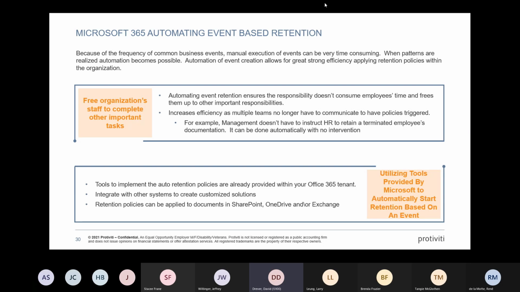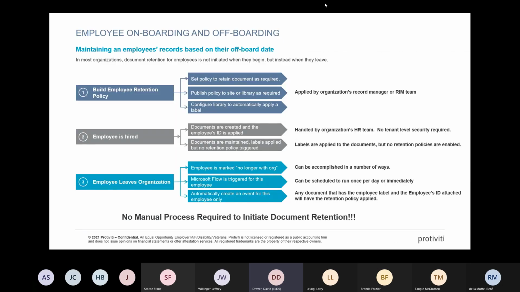So what I want to do here is kick off a flow, and this can be based off of any tool. Let's do it with an employee document. I have an example here: employee-based retention. My records management team builds out the labels and the policies, and it's pushed out to the HR employee site.